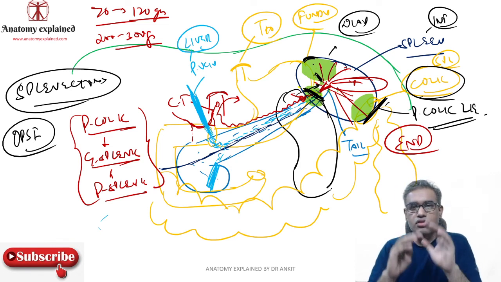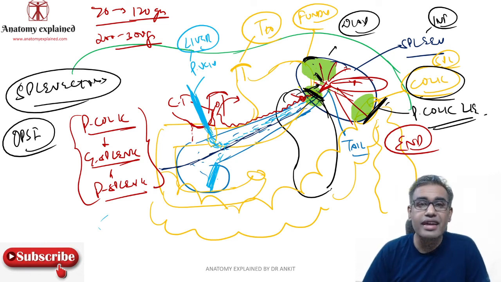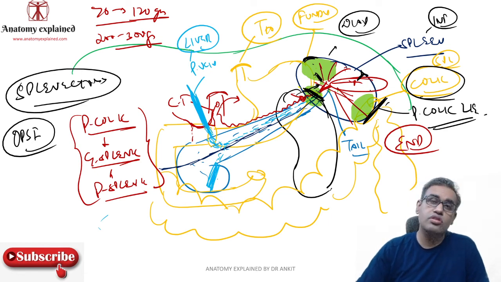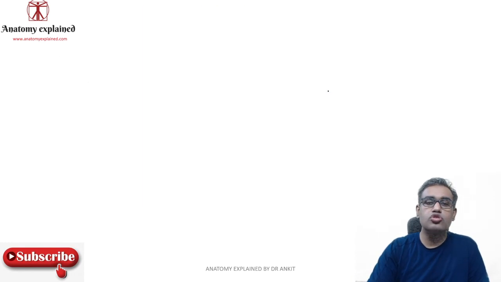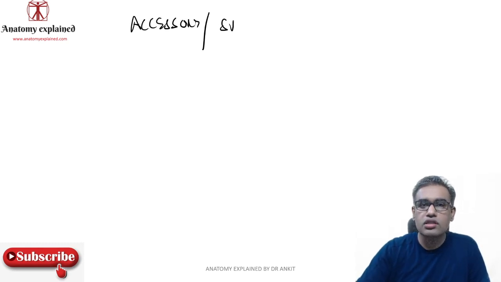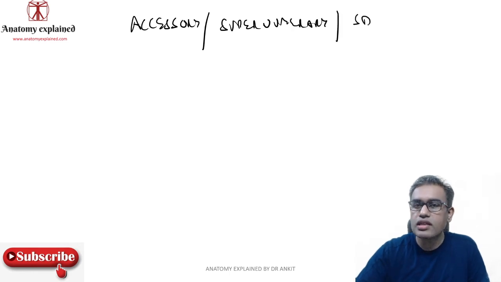Second, as it is formed by all of these small aggregations, it is very normal to find some notches close to the superior margin of the spleen. Plus, a few parts of the spleen may not fuse, and they form what we call supernumerary or accessory spleens, also known as splenunculi.